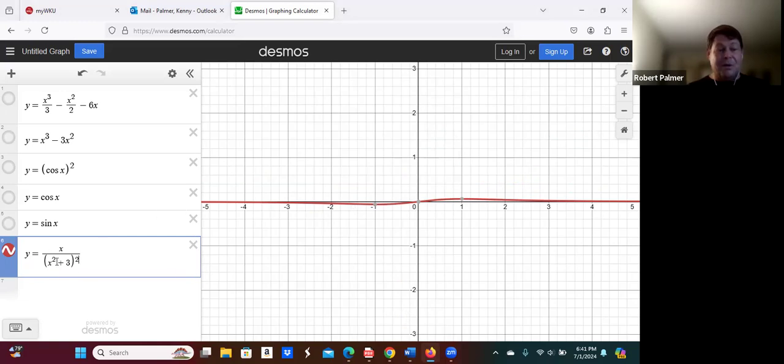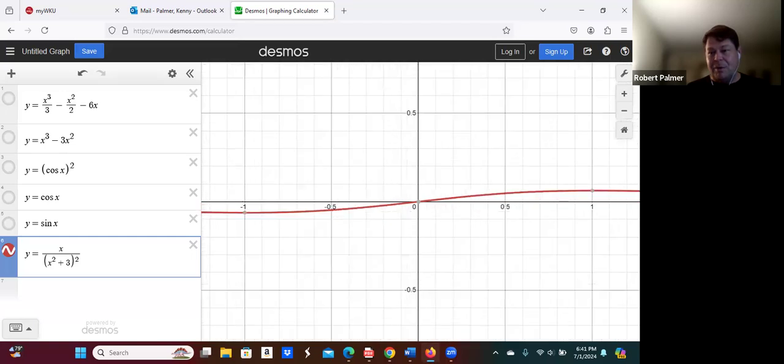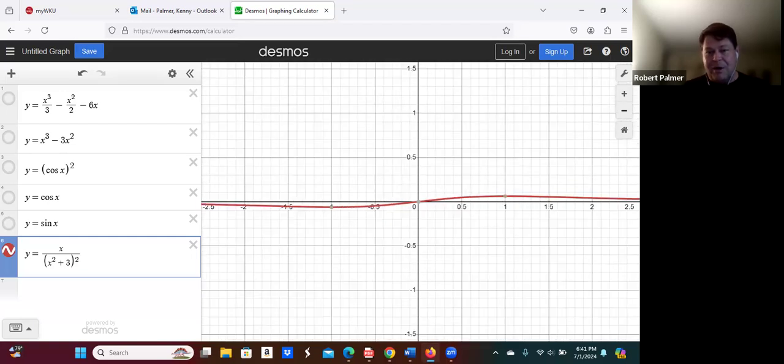It's defined everywhere. The reason is that our denominator is always going to be positive, because x squared is always positive or 0, plus 3. Now, this one actually has, we have to kind of zoom in a bit, a bit of a wave to it. So what I'm going to do is change our setting.